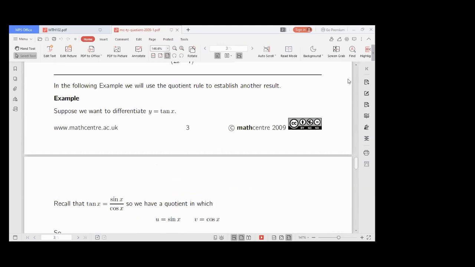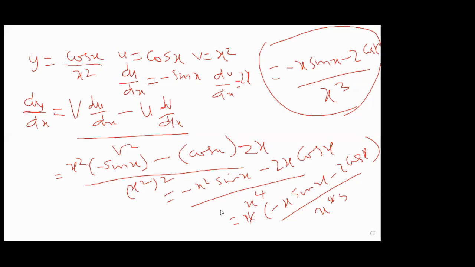Suppose we are to differentiate y is equal to tan x. It's a good problem to solve. Let's start. Let me clean the board. We have y is equal to tan x. This is not a simple problem, it's a complex problem.